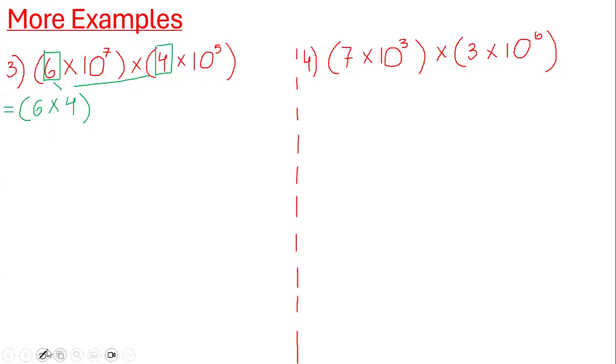And what are we gonna bring now after that? The 10 to the power of 7 and 10 to the power of 5. That's correct. It's gonna be multiplied by open bracket 10 to the power of 7 multiplied by 10 to the power of 5, close bracket.